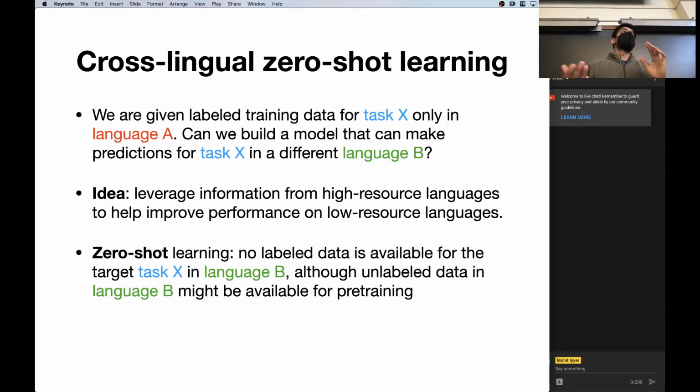So the idea is that if you have labeled data in, say, some other language like English, perhaps you can somehow repurpose these models to solve the task in Portuguese, even if you haven't seen that. So this is the zero-shot setting. You don't have labeled data in Portuguese, but you want to solve the task in Portuguese. However, these settings usually assume that you at least have some text in the language that you want to do the task in.